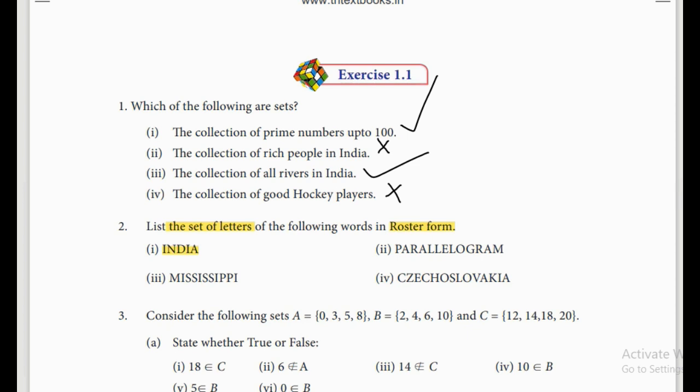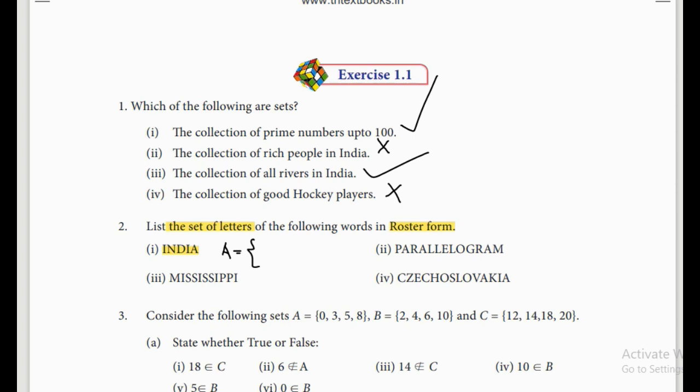For example, only one problem I'll do now. I can use the English alphabet A to denote the set. This is A equal to. Tell me what are the elements of the set? You can use the curly bracket.